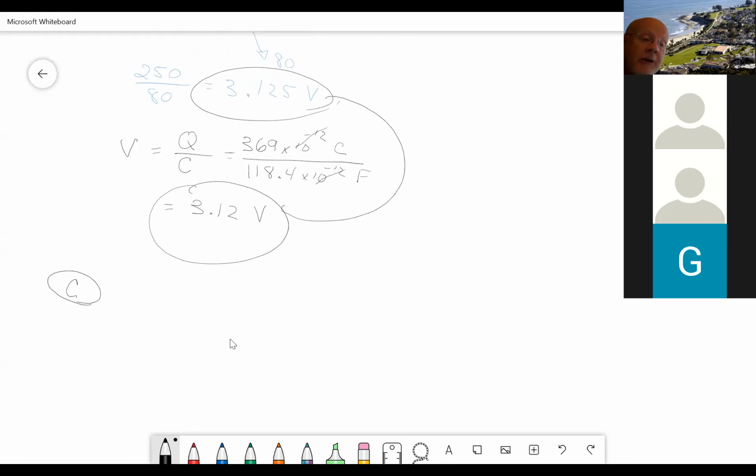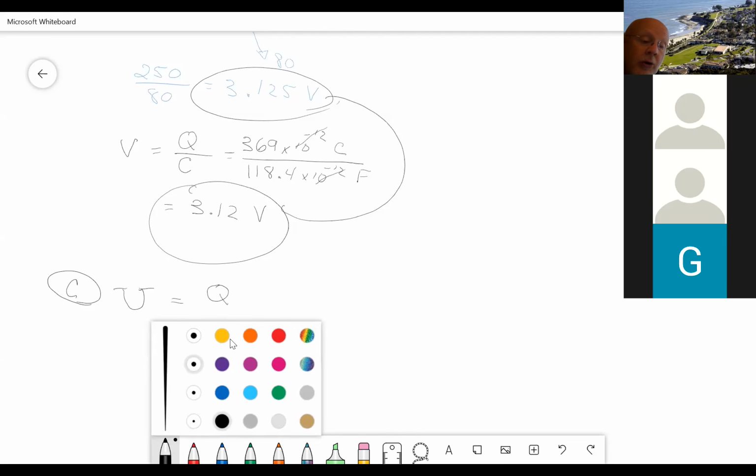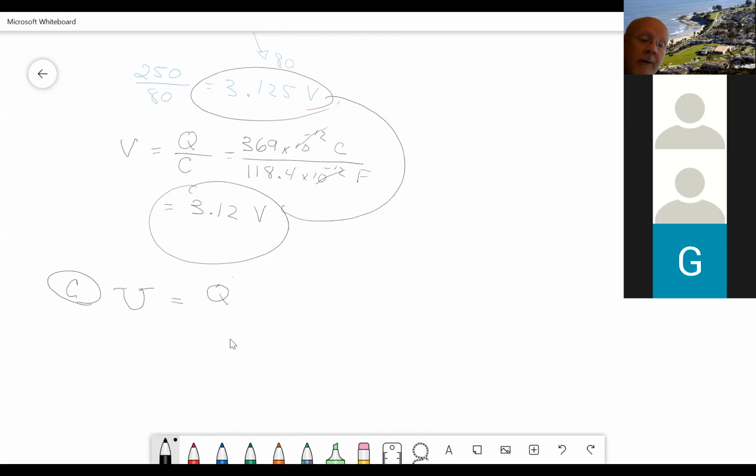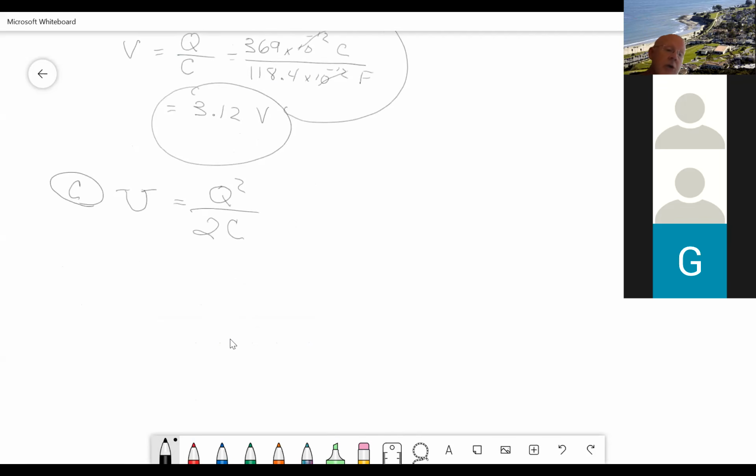That is the energy is Q squared over 2 times the capacitance. And so you can see that the capacitance changes, but not the charge. So there is going to be this change in energy.